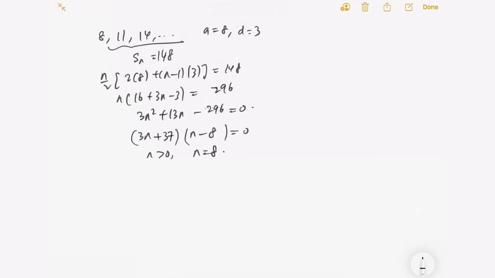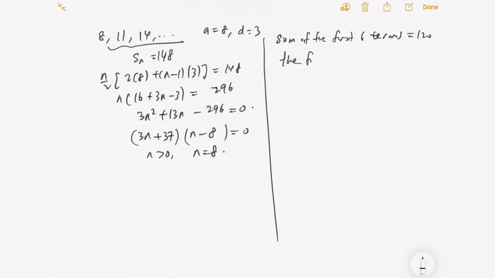Okay, all right. Now, last part. What if you're given the sum and a term? Let's say, for example, the sum of the first 6 terms is 120, and the fifth term is 29.